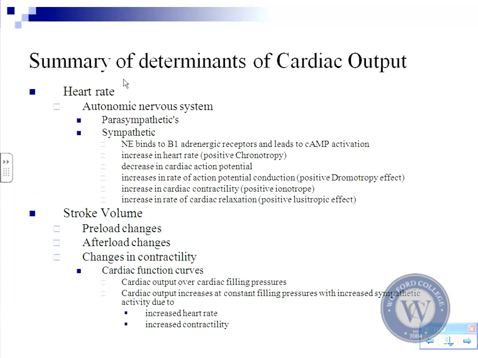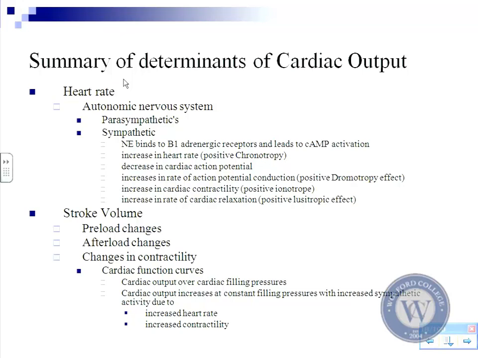Determinants of cardiac output are heart rate, or the autonomic nervous system, both the parasympathetic and sympathetic. With the sympathetic, norepinephrine binds to beta 1, which leads to cyclic AMP activation, a G-coupled protein pathway, which ultimately increases calcium release, which then causes an increase in heart rate, an increase in chronotropy.